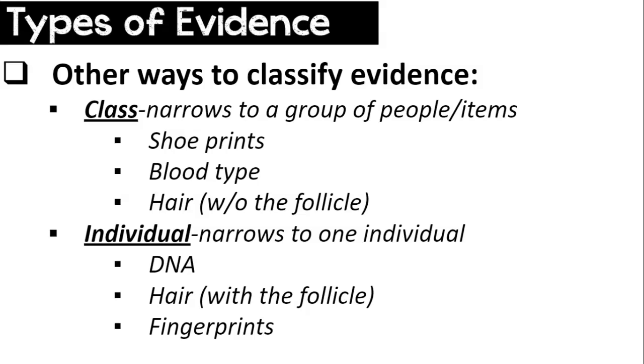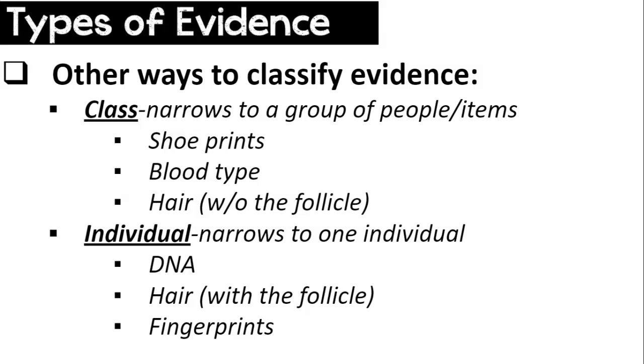Like right now I'm wearing Toms. I'm not the only person in the world that owns Toms. So if they got my shoe print, you could narrow it down to people that have a size 7 Tom shoe in their closet, but that doesn't narrow it down just to me. It's a group of people. Same with blood type. You can narrow it down to a group, but not an individual.